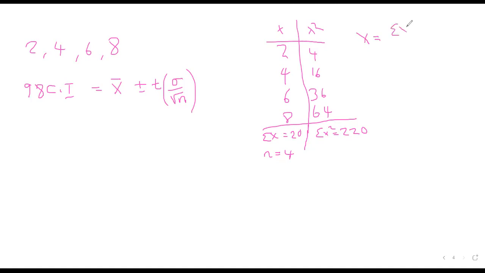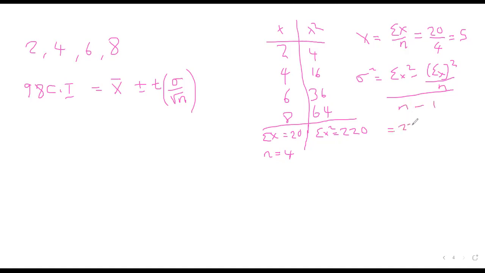Summation of x over n. This is 20 over 4, which is 5. The variance is summation of x squared minus summation of x, squared, over n, everything over n minus 1.